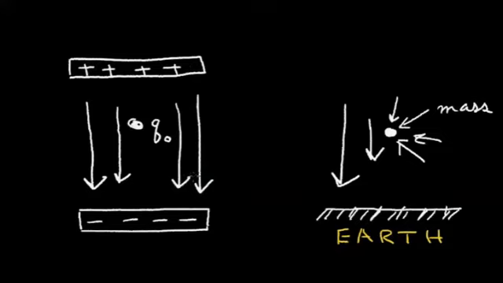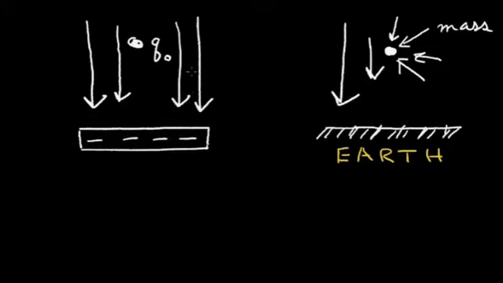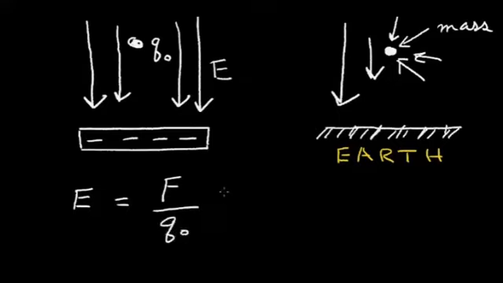So if we write an equation for this electric field, I'll call it E for electric field. This electric field is equal to the force on this small charge, which we'll call Q0. Force is in the units of newtons, and charge is in the unit of coulombs.